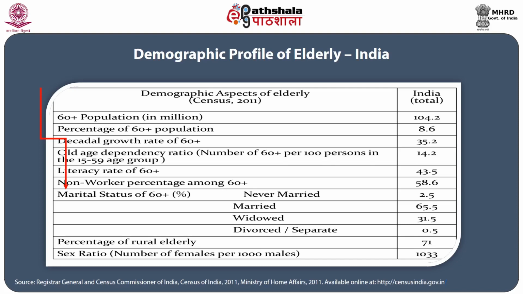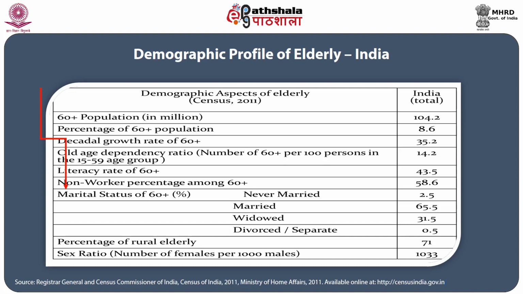But one of the important alarming issues is gender differences. When you talk about widowhood, especially among females, it is very, very high. The reasons for all those issues we are going to discuss. There is an increasing trend in the case of divorced or separated, though they constitute a very negligible share at this stage.